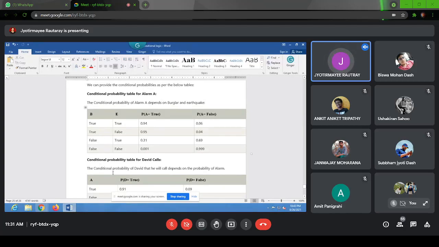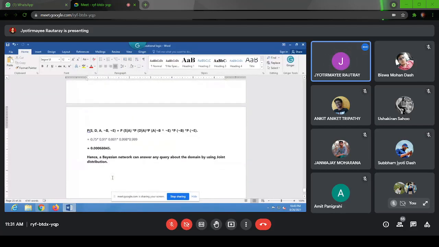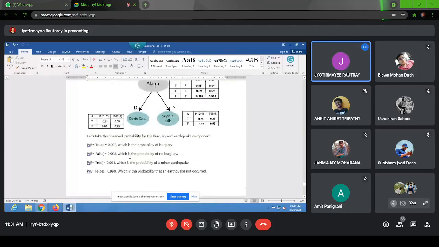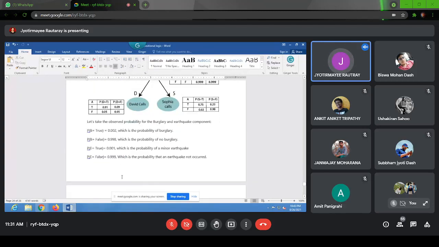The probability of B where B is true is 0.002. This one is given for burglary, and this other one is given for earthquake. So the probability of B being true is 0.002.